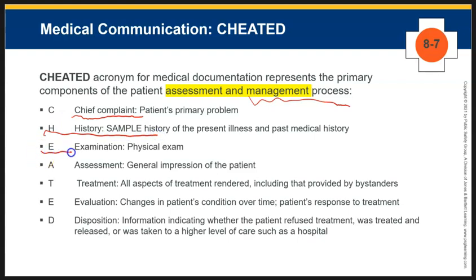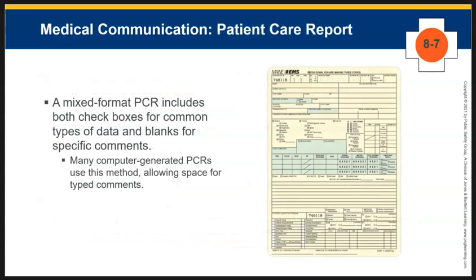You record your head-to-toe findings in secondary assessment. You record the treatment that you provide, and then you pay attention to the disposition of the patient finally. Did they walk out under their own power? Were they sent in an ambulance, etc., in terms of that final outcome for the patient?